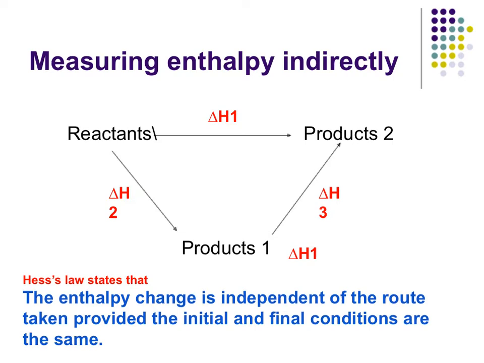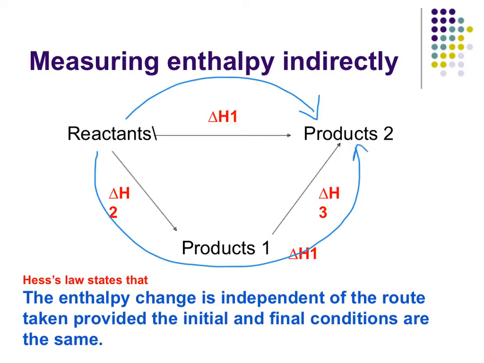Now if we look at the cycle on the screen, and again you've got it in your notes. If we label the first reaction from reactants to products 2 as having the enthalpy change delta H1, that is the direct route from the reactants to the products 2 that we want. Now if this reaction were tricky to measure, we could use these other two enthalpy changes to calculate it.